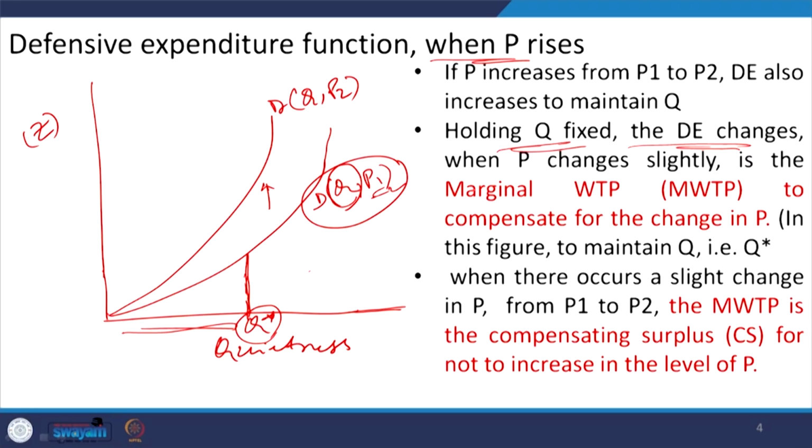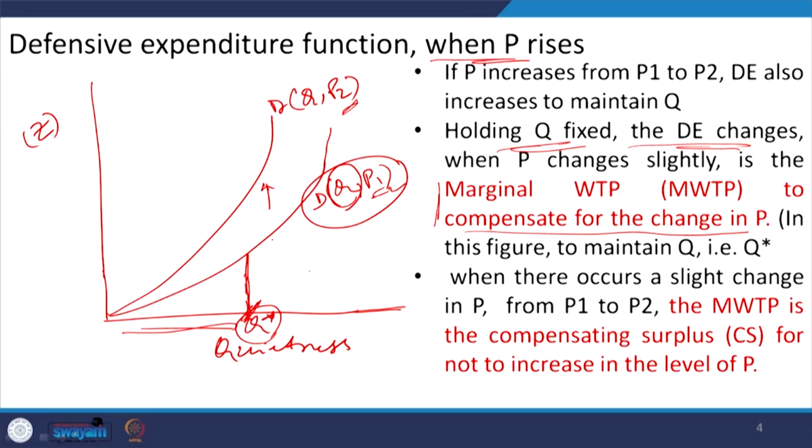And when pollution, or P, is changing very slightly, with very minimal change occurring, then we can find out the marginal willingness to pay to compensate for the very slight change in P. So, in this figure we just want to maintain this Q1 itself.